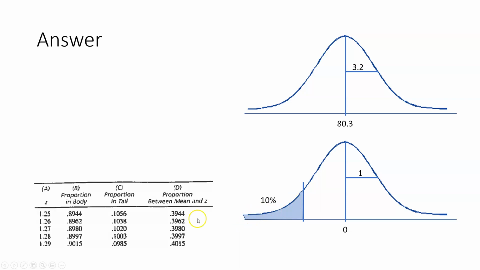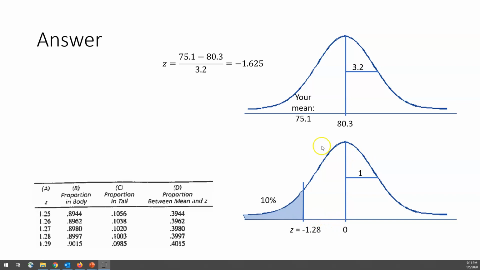Then you go to the unit normal table and you find the z-score that corresponds with this lowest 10%. The proportion in the tail corresponding closest to 10% is a z of 1.28. That 1.28 is listed here on the negative side of the distribution because the z is below the mean.